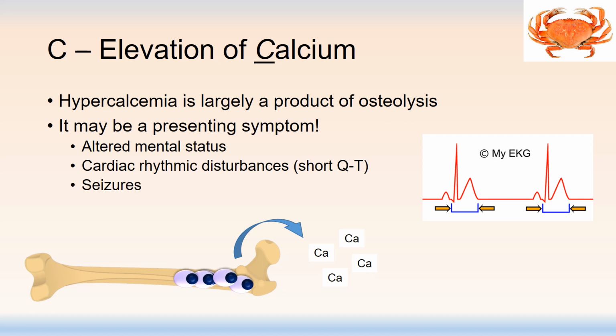They can even have seizures as a result of this hypercalcemia. And of course, these are very dramatic. But hypercalcemia can also be a little bit more subtle. It can provide a patient with vague symptoms like nausea and constipation. So you have to be aware of these potential symptoms and identify hypercalcemia and the potential that that may be due to, among other things, myeloma.